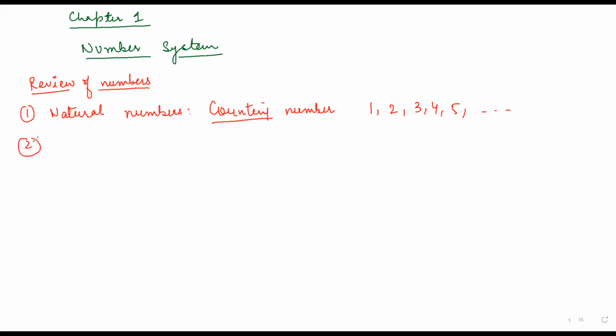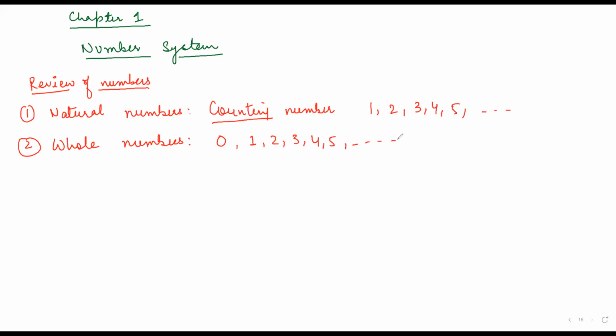Then the next set of numbers which comes are called whole numbers. Whole numbers, they start from zero. So if we include zero also, then it becomes a set of whole numbers. Fine, Adil? Yes. Okay. Now you can see they are all positive. We don't have any negative number here.